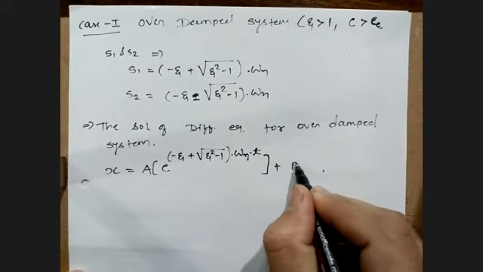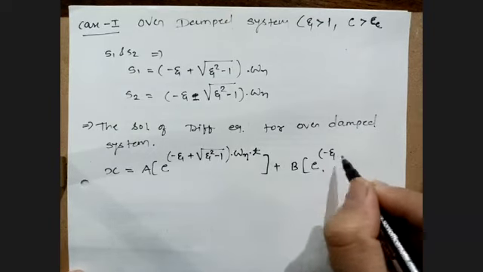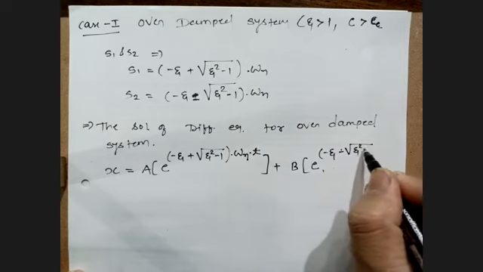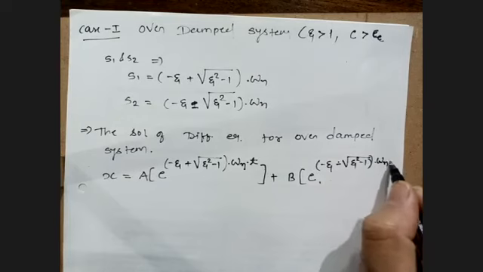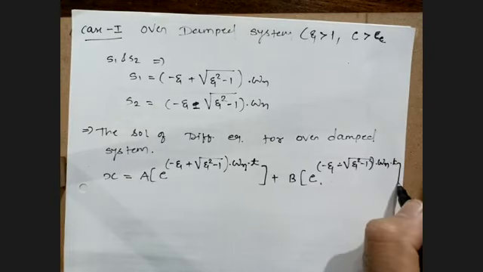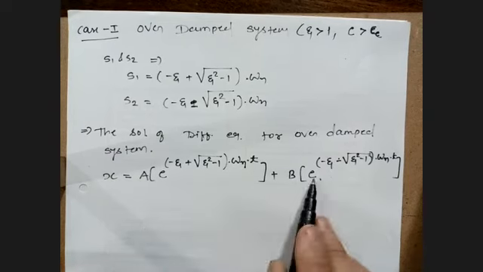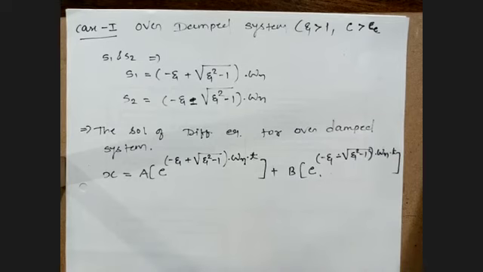Plus b e raised to minus zeta minus under root of zeta square minus 1 into omega n into t. So a e raised to s1t plus b e raised to s2t, this is the equation of motion.